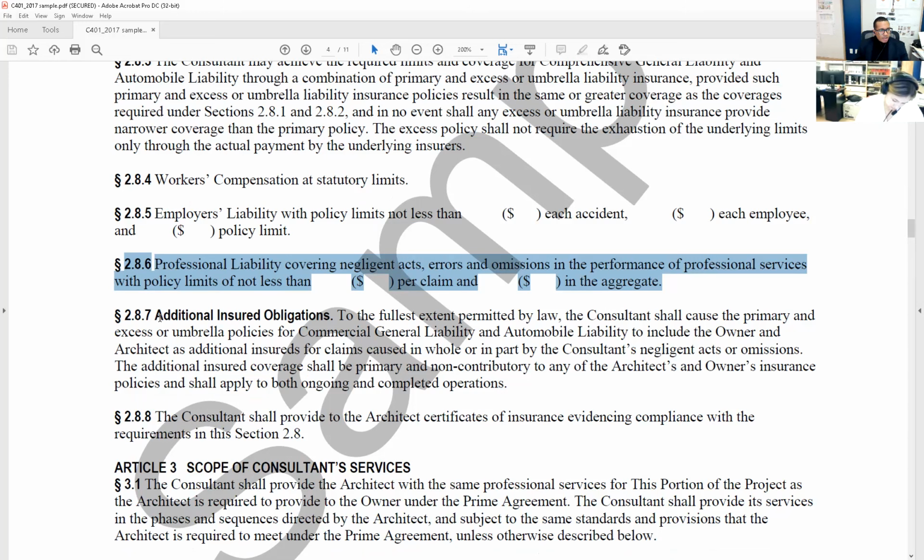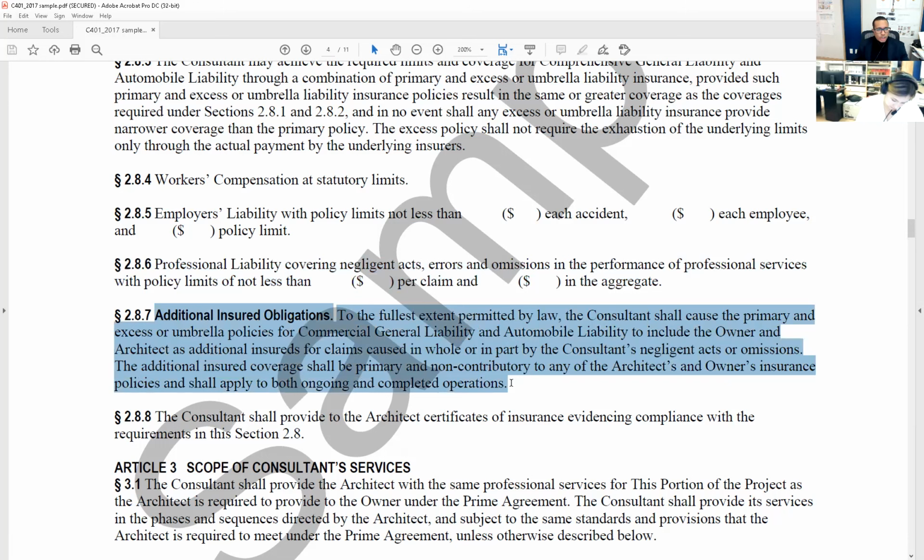Section 2.8.7, again, this is a good section. It says additional insured obligation. You're going to need to become familiar with this test. To the fullest extent permitted by law, the consultant shall cause the primary and excess or umbrella policies for commercial general liability and automobile liability to include the owner and architect as additional insureds for claims caused in whole or in part by the consultant's negligent acts or omissions.